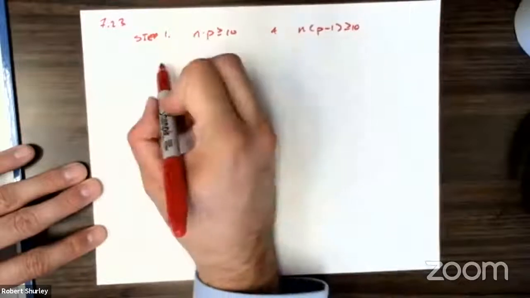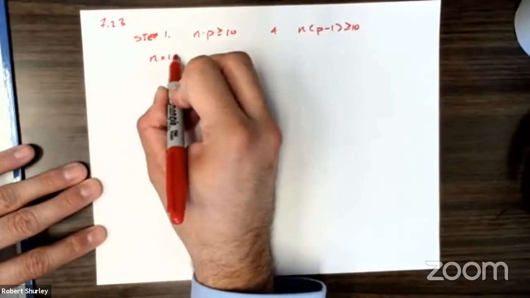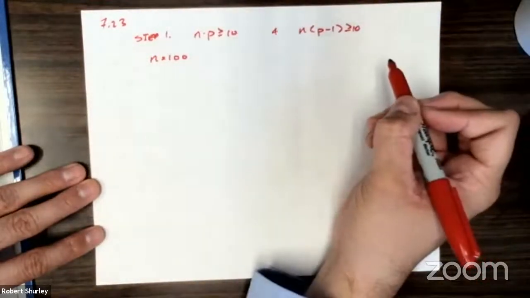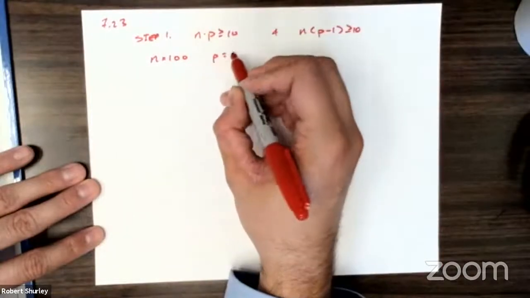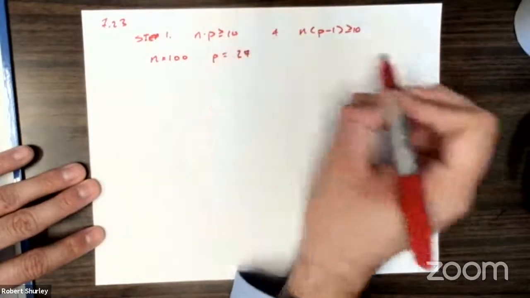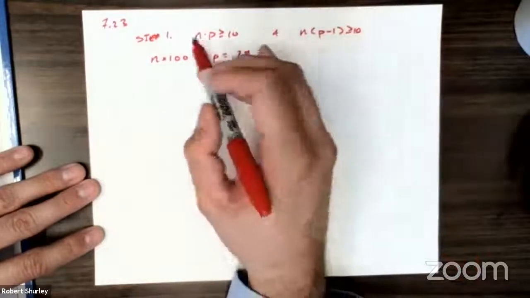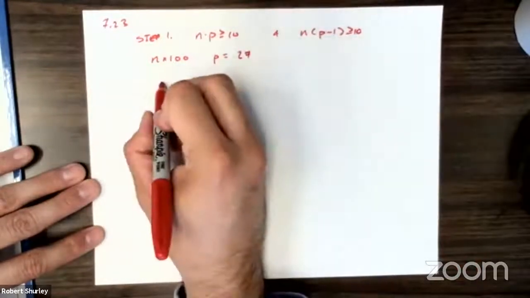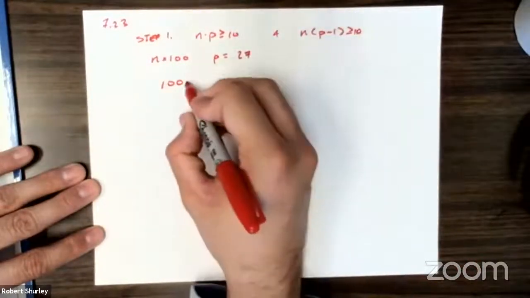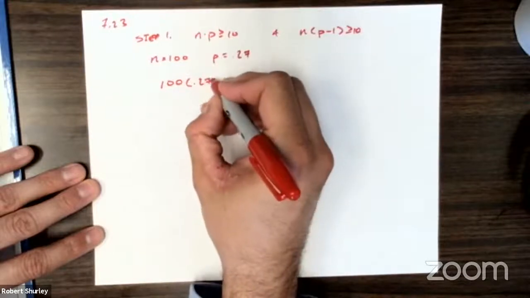So for our example, n is 100, right? They sampled 100 Americans. And p is 0.27. So let's check both of these. I'm going to take n, 100, times 0.27.